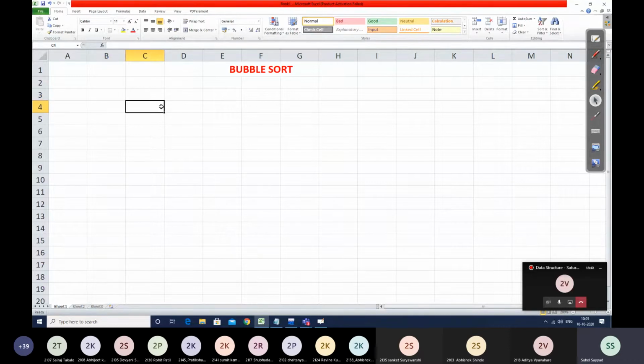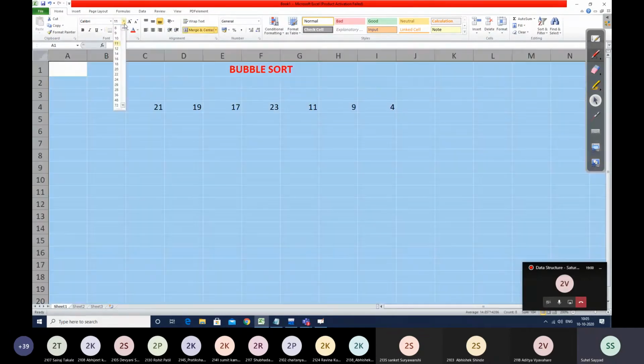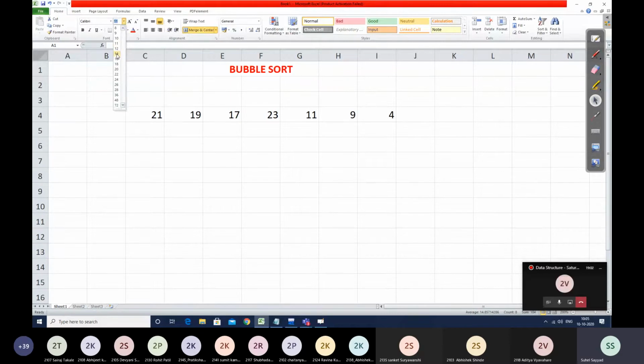Let us take some unordered elements first. I'm taking some random numbers here. These are the numbers which I have taken. Let me make the font 14 so it will be more visible for you.